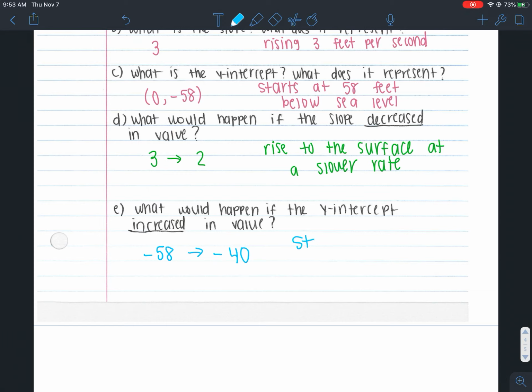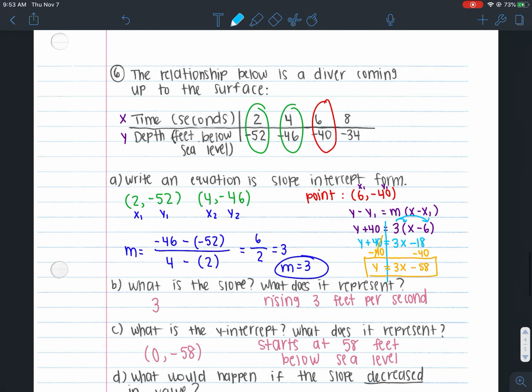That means he would start at a higher position, so it would take less time to get to the surface. What happens if I decrease the y-intercept, like to negative 100? That means he would start at a lower depth and it would take him a lot longer to get to the surface.